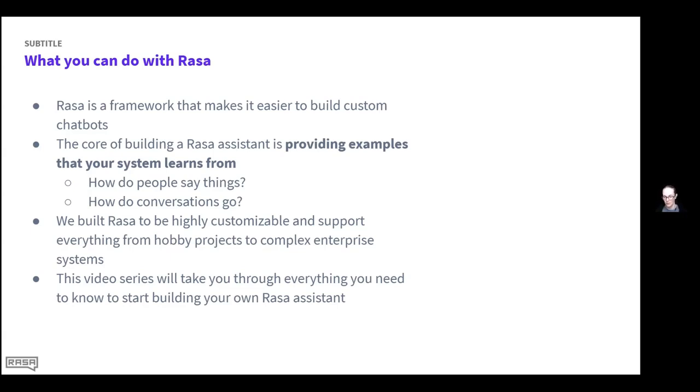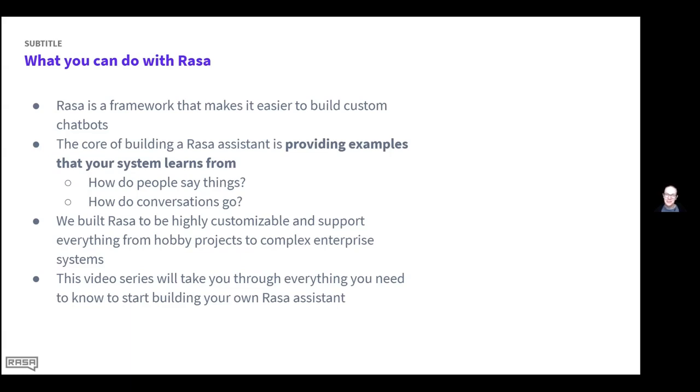So I might have an intent that's something like greet, and I'll provide some of the different ways that I think people might say hello to my assistant. And then I say, okay, so I'm good at identifying these classes of things that people might say. Now, how do I want my conversations to go? So you'll use something called stories to do this, and this is a pattern of conversation flow. I'll talk about this in a little bit.